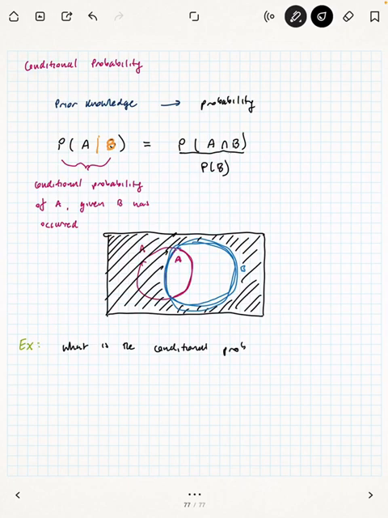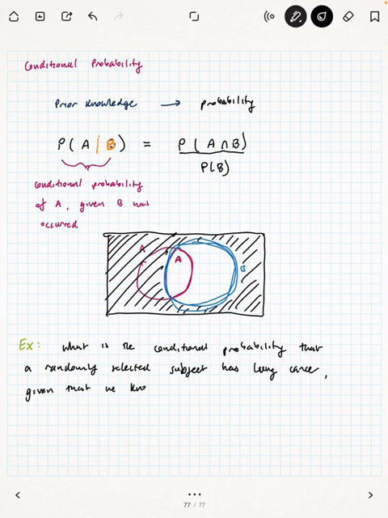And sometimes we may skip the word conditional and just say given that, and these are interchangeable ideas. Given that a randomly selected subject has lung cancer, given that we know that they used e-cigs.